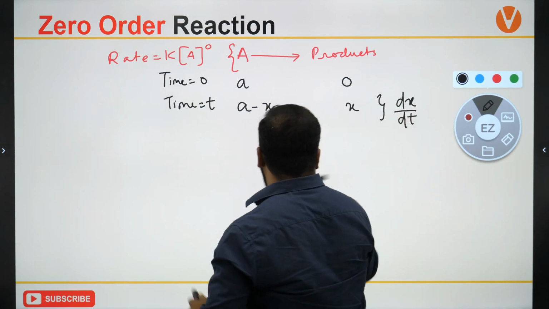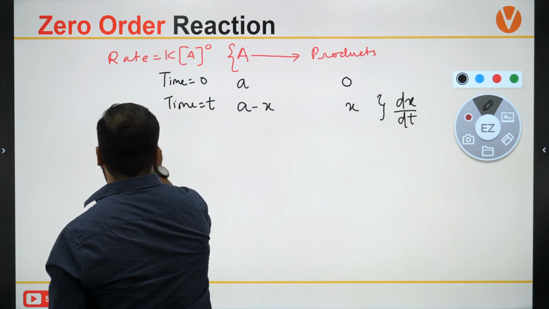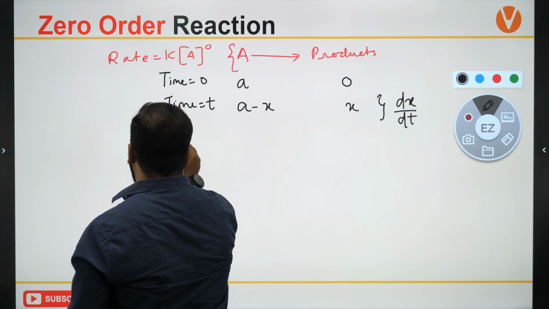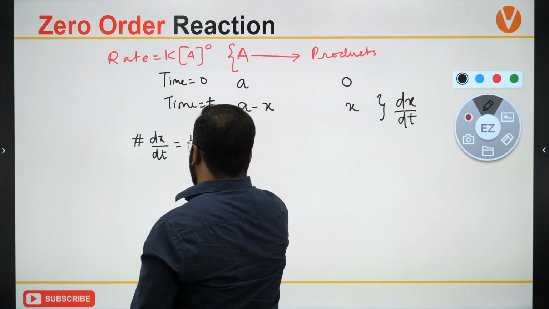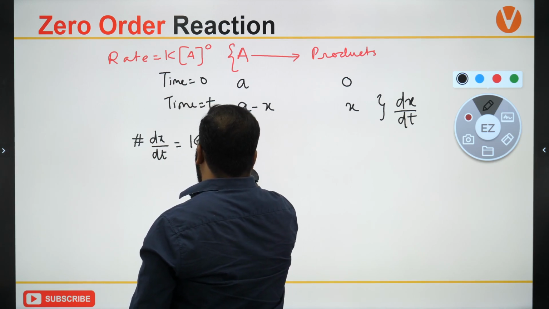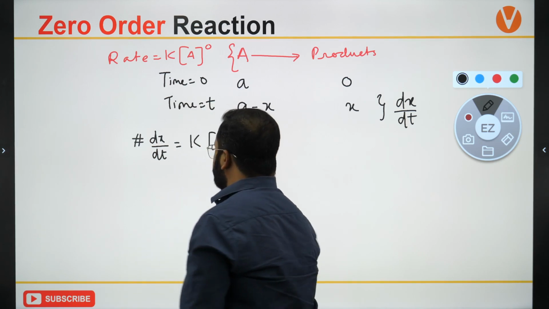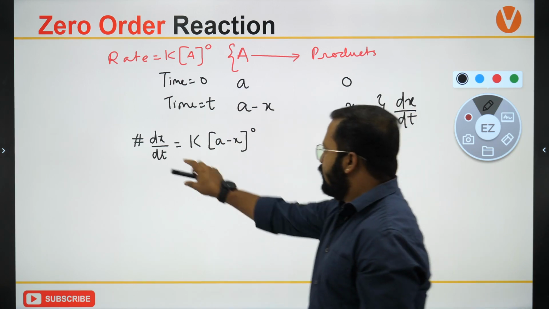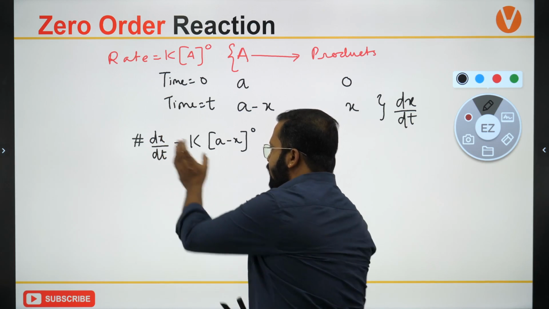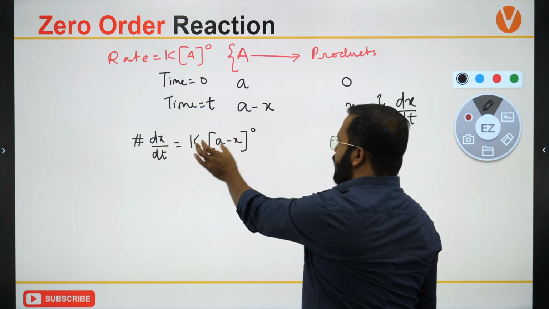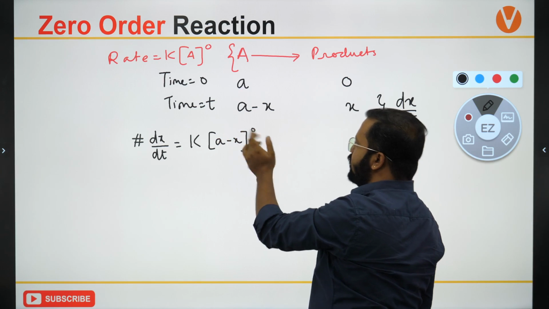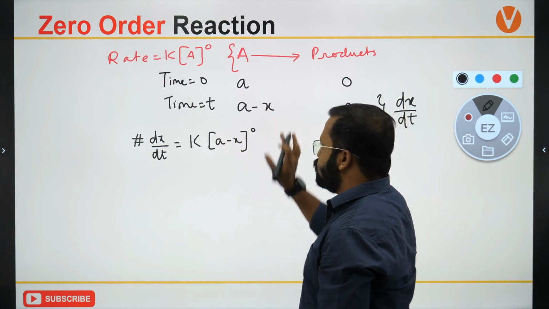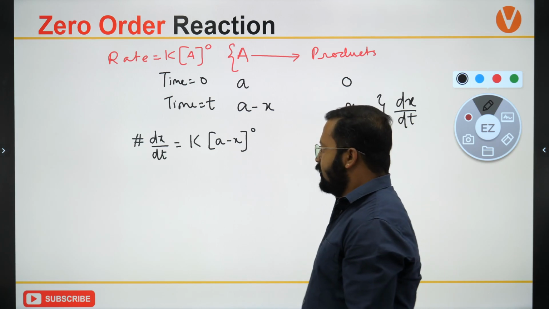Okay, so can we write dx upon dt is equal to k (A minus x) to the power 0. The rate at which the product gets formed is equal to k times the concentration of reactant raised to power 0. Clear?